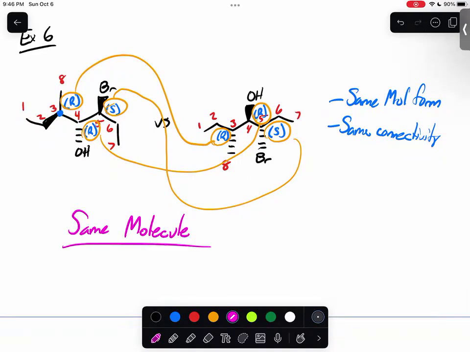Because if you were to sit there and do all of those rotations, you could end up rotating something incorrectly, and then you may think that they're diastereomers because you accidentally flipped a wedge or a dash when you didn't want to. But if you label as R and S, you'll actually never be wrong. Okay? So I highly recommend doing R and S. I'm not even going to show the rotations for this one because it is only 2 rotations, but they can get a little confusing. Okay, let's do another one.